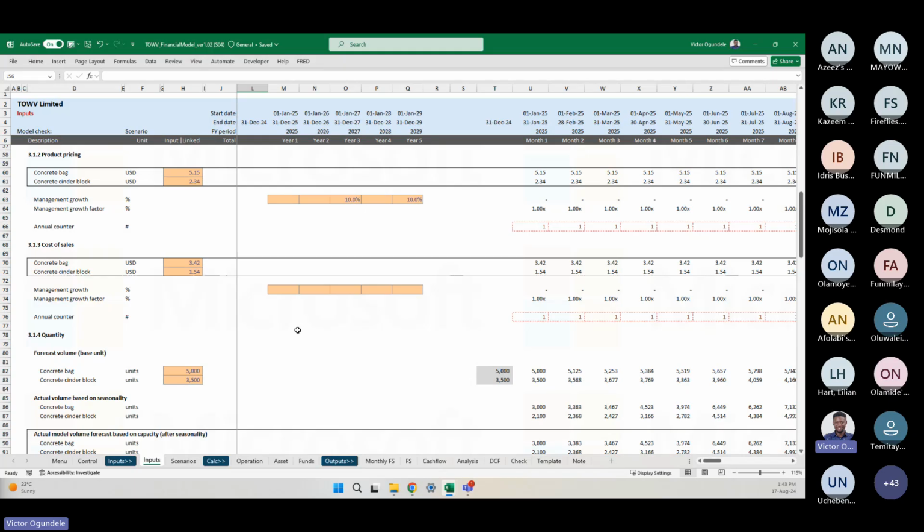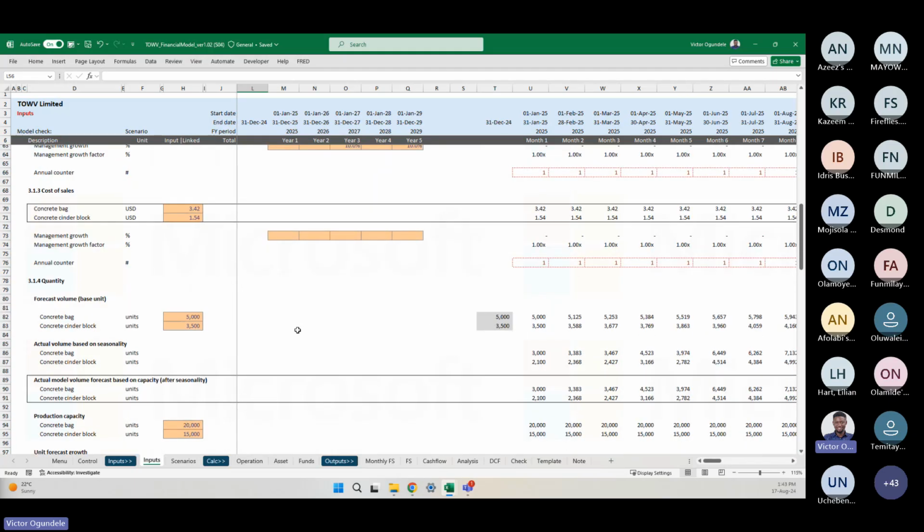It's not meant for the average person. If we build a version for the average person, the approach is different and most times it's static, with a few flexibilities, but not as compared to this. So this is not expected to be used by anyone who does not know anything about finance or does not even understand what the business is doing.